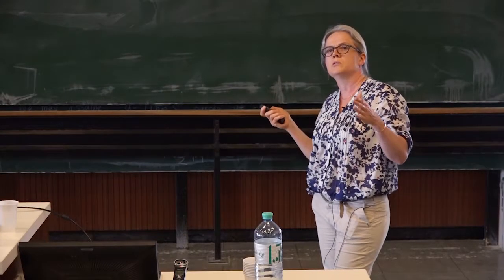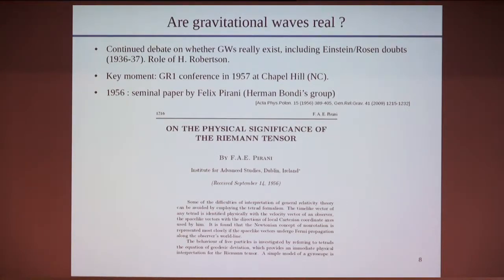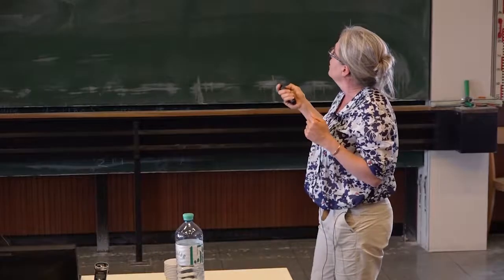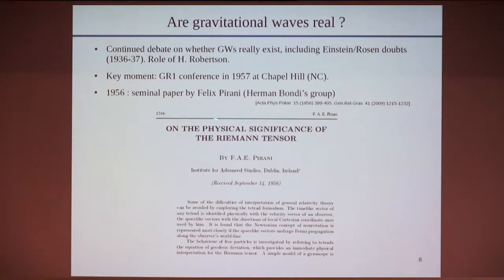The conference was about the quantization of general relativity, but all the most important people of GR at that time were there, and especially Pirani. There was not only Pirani, you also had the most important theoreticians.